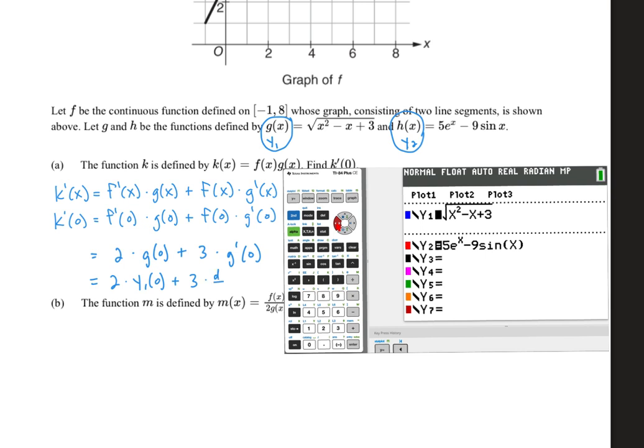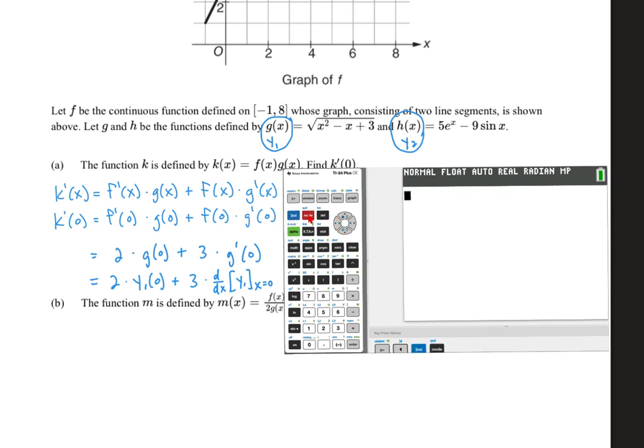So we'll do d dx of y1 at x equals 0. So that's what it'll look like in the calculator. Okay, so let's do that. So we'll do second mode, which is quit, to get back to a blank screen. Anytime you want to get back to a blank screen, do second mode.